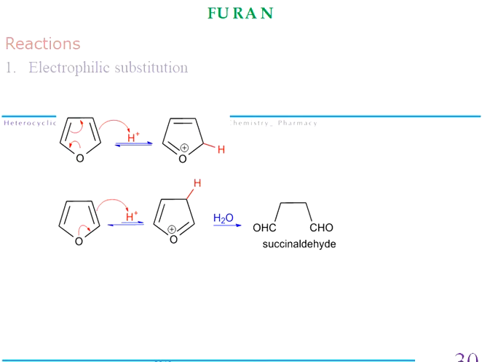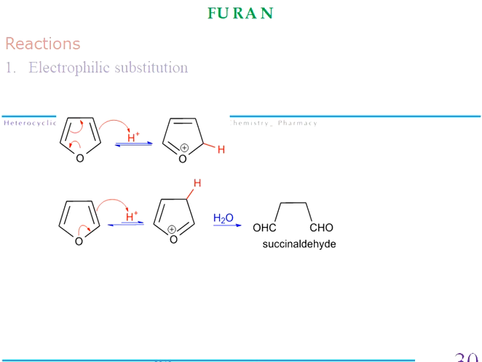In the case of reaction in the presence of acid, furan forms a C2 substituted product. Here there are two possibilities, as we have seen in the previous slide.